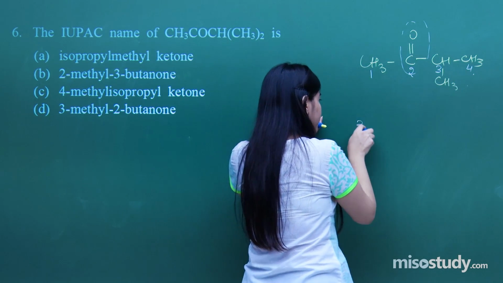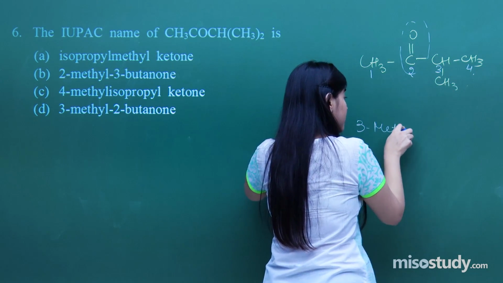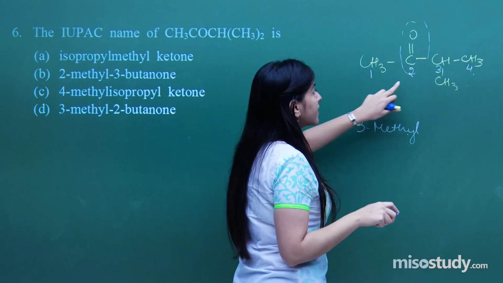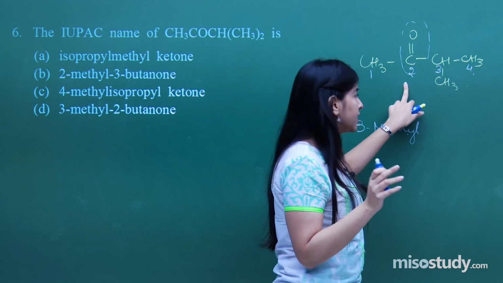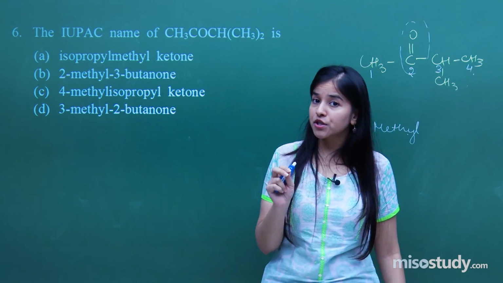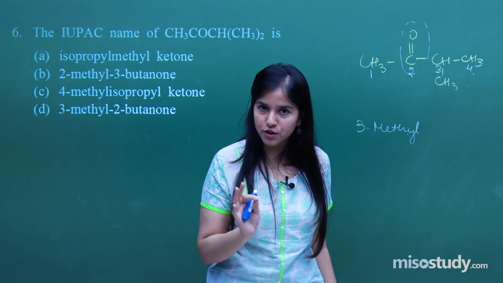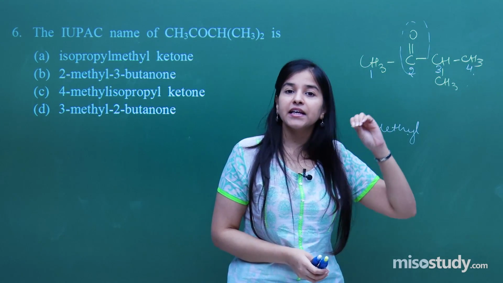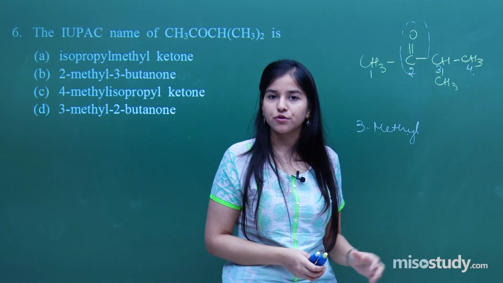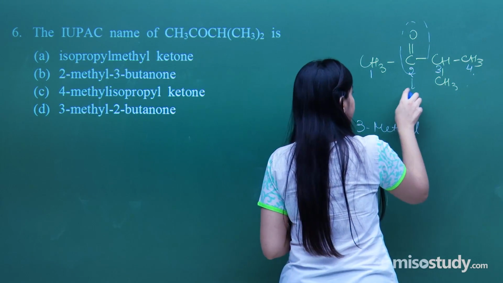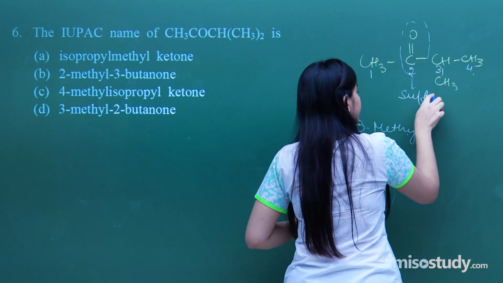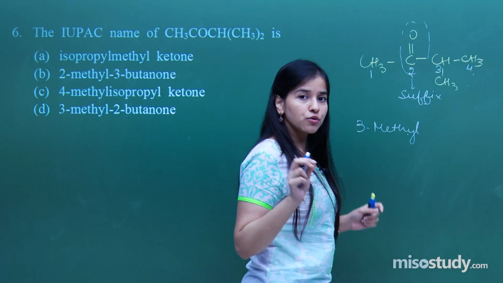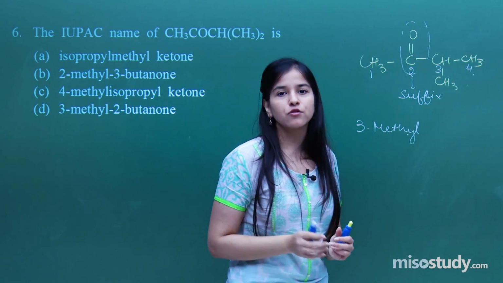So the answer would be 3-methyl. Just mind it, over here I am not mentioning this 2 as my substituent. I won't be mentioning 2-keto, but I'll be mentioning this in the suffix part, not as a substituent. So this would be included in the suffix, not the substituent. You need to have proper clarity about the concept.